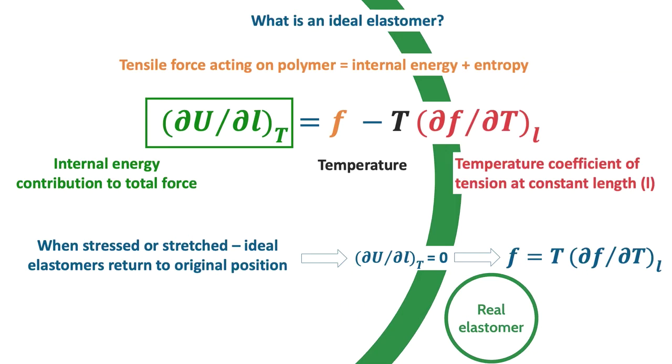The tensile force acting on the polymer F is equal to the internal energy plus entropy, which is what you get in an ideal gas, expressed as an entropy spring.